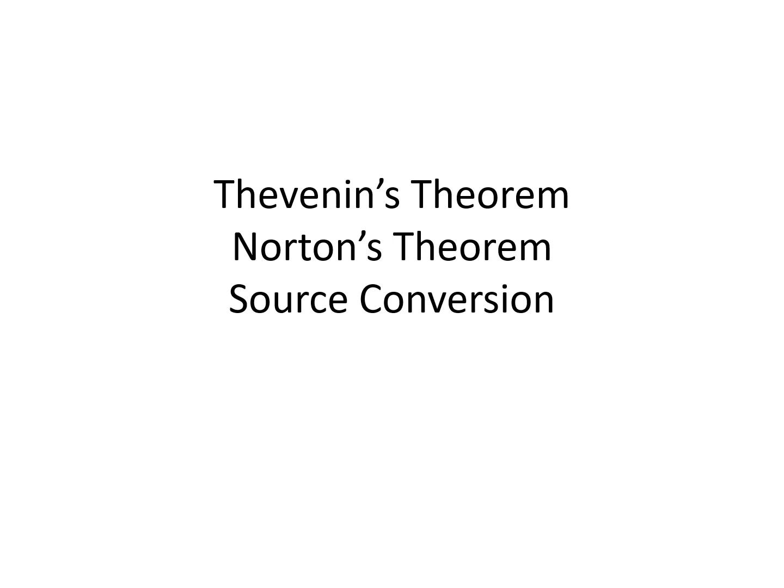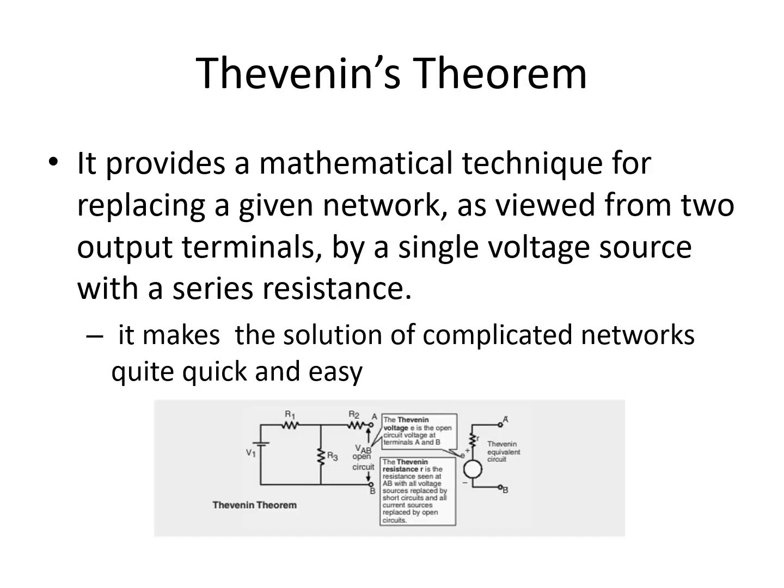So let us start with Thevenin's theorem. This was named after Leon Charles Thevenin, who formulated this theorem. It provides a mathematical technique for replacing a given network as viewed from two output terminals.